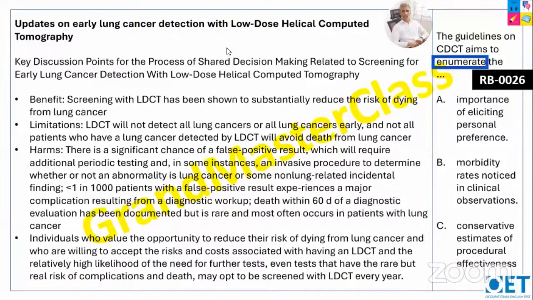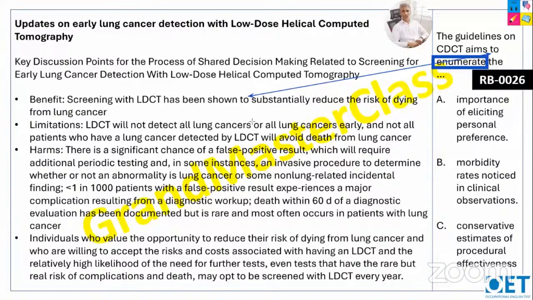I'm going to explain. Be online. Don't switch off. You have found it in the first point. Screening with LDCT has been shown to substantially reduce the risk of dying from lung cancer.